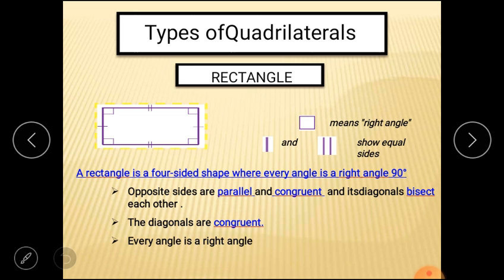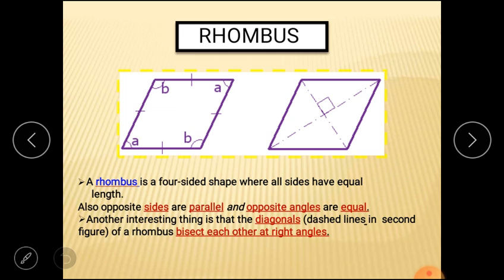Move to the next shape, rhombus. The square slanting is called a rhombus. If you tilt a square, what will it look like? Rhombus. Look at this. The properties we have for the square, the same come for this rhombus also.